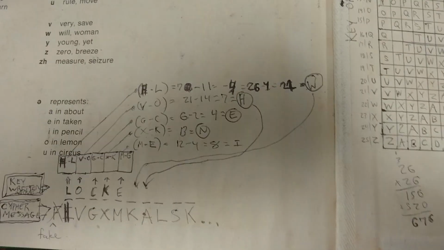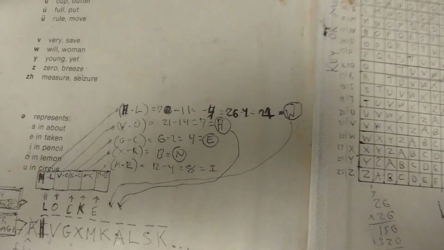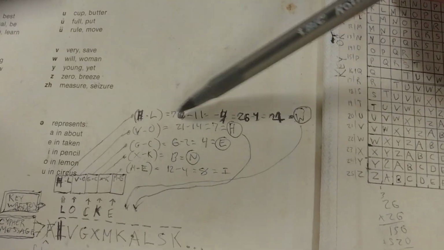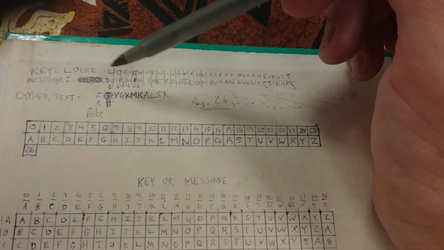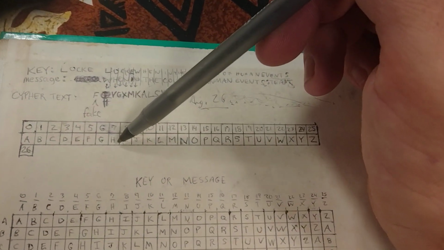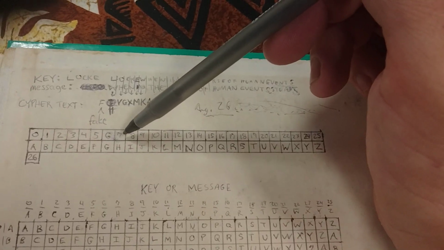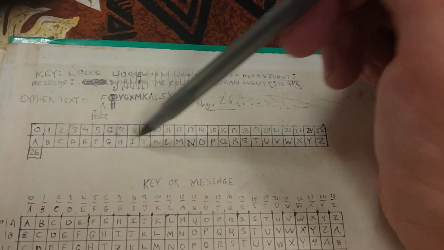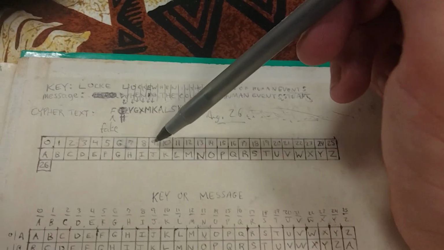You might want to pause the video and look at that. H minus L is 7 minus 11. Where did I get that from? If you go back over here, you can see, hey, H is 7, L is 11. So H minus L is actually 7 minus 11.